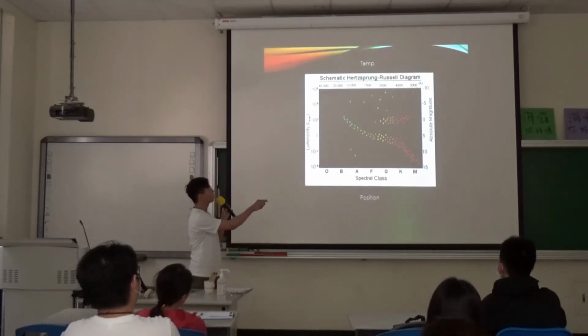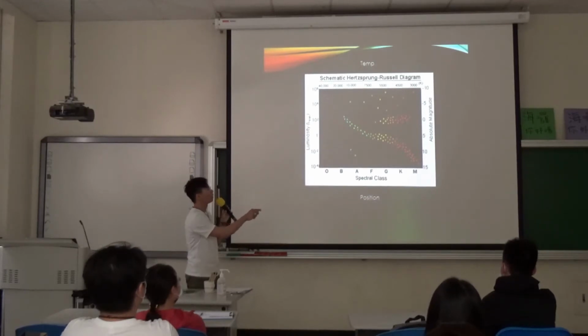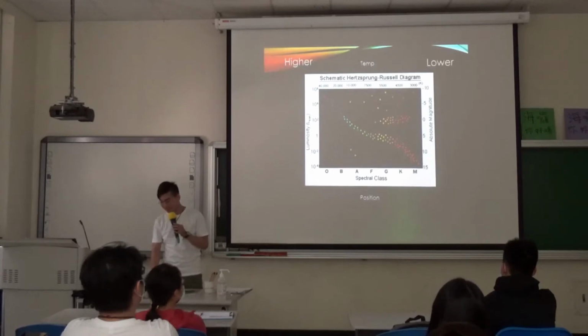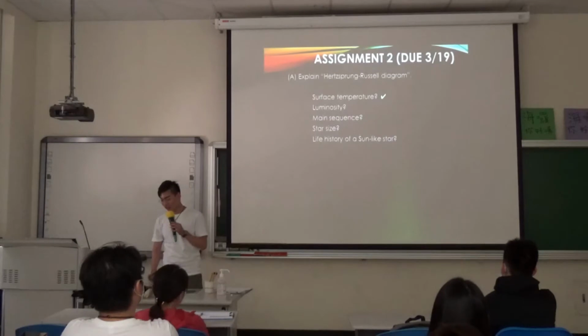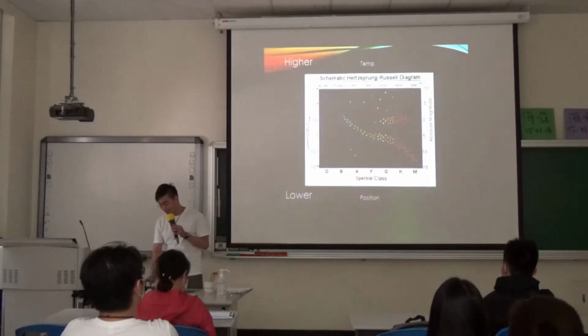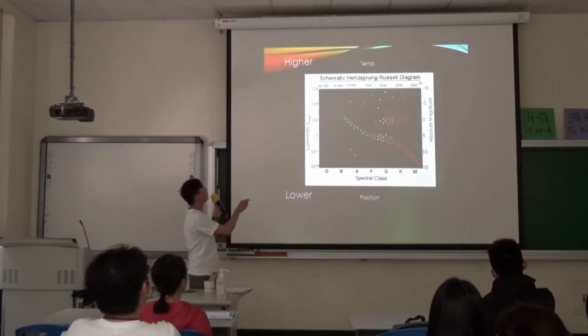And this is temperature. So, as I say, left is a high temperature, and the right is a lower temperature. Okay, we know the surface temperature. So, this is the luminosity. This is higher and this is lower.